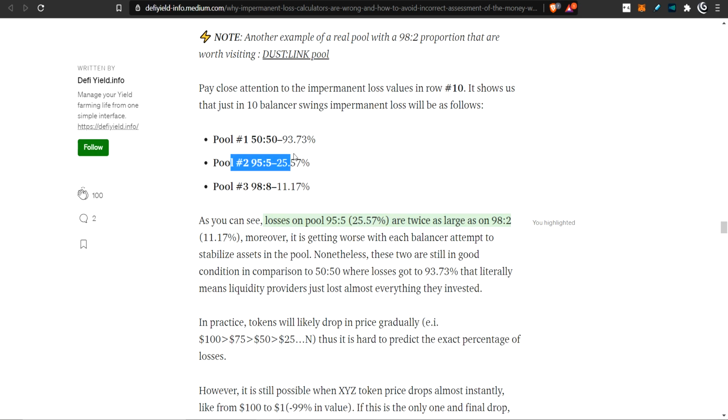So the other pool, you just got like 25%, but this one is only 11%. So if you look at the difference between these, it's like twice as good. So just this 3% change from 5 to 8 is quite a bit of difference. Half your losses are mitigated, right?